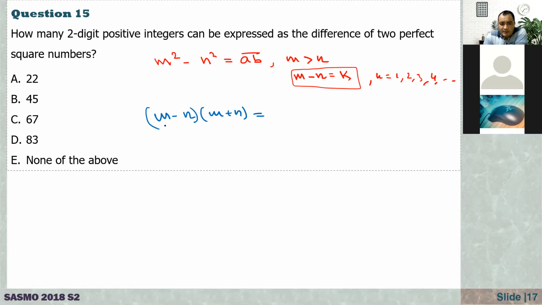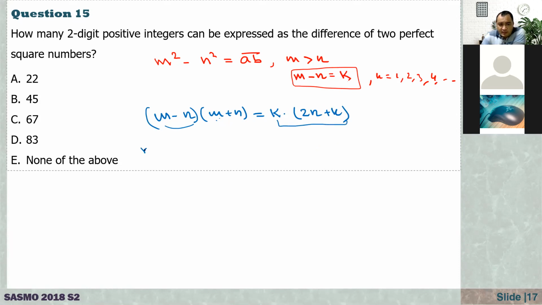What is m minus n? That's equal to k. And m is equal to n plus k, so m plus n is 2n plus k, substituting m equals n plus k. So all these numbers are in this form: k times 2n plus k.